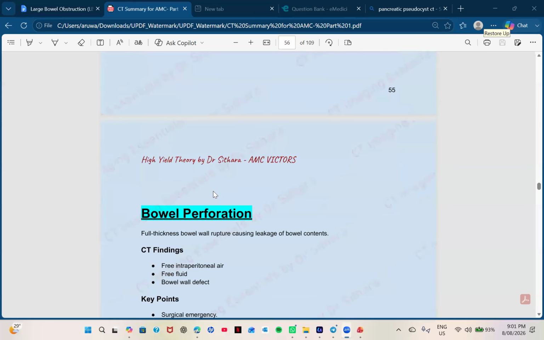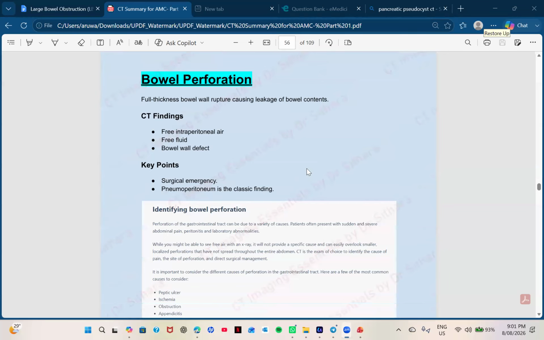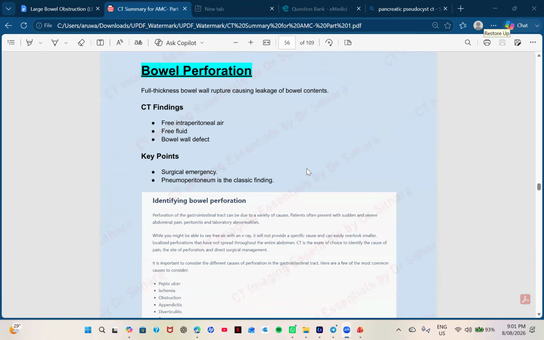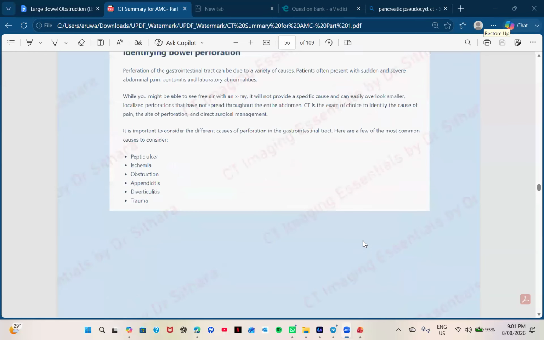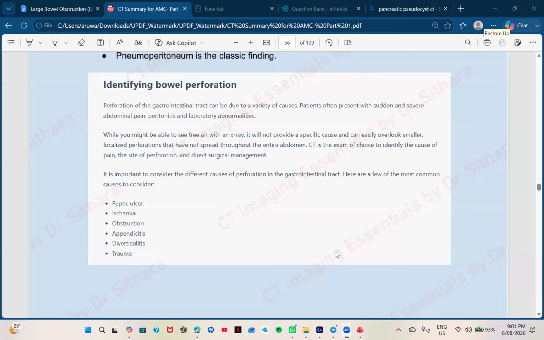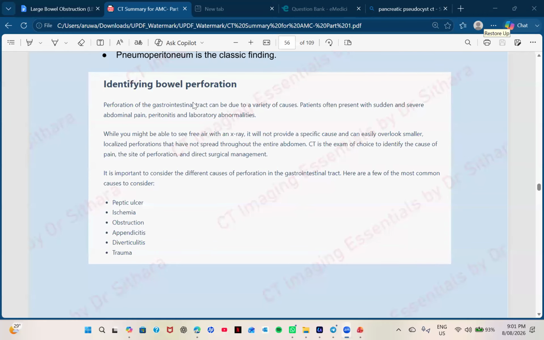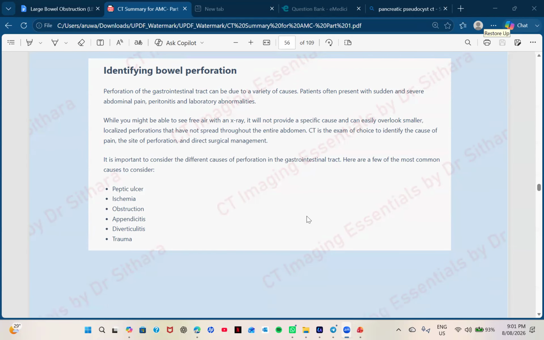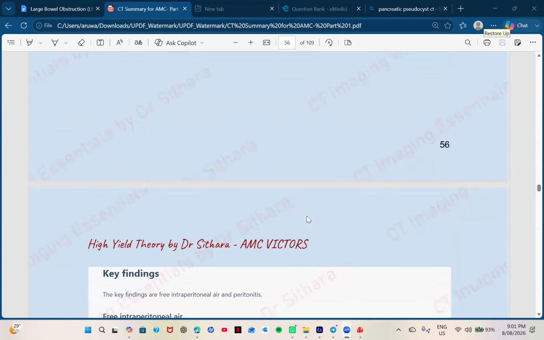Okay, so bowel perforation, how does bowel perforation present, doctors? Very important, because they are asking this. Where can you see bowel perforation? If there's a peptic ulcer, ischemia, obstruction, appendicitis, diverticulitis or trauma, in those cases there can be a bowel perforation, right?